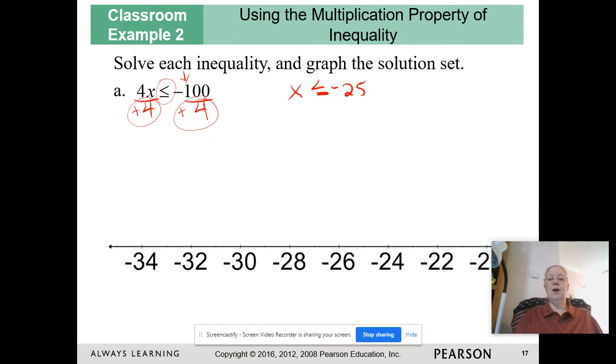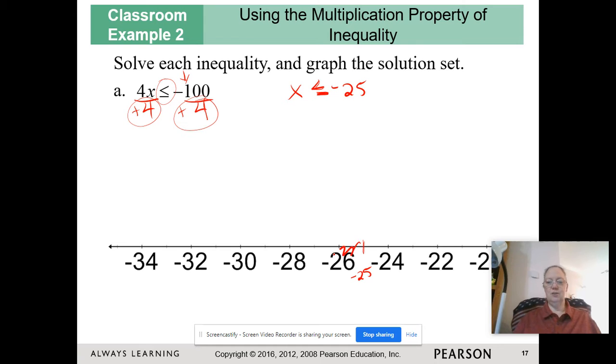So my variable is on the left, so that means I'm going to shade in the direction this arrow points, which is to the left. Okay, so negative 25 would be right in here. And I'm going to put my little negative 25 there.